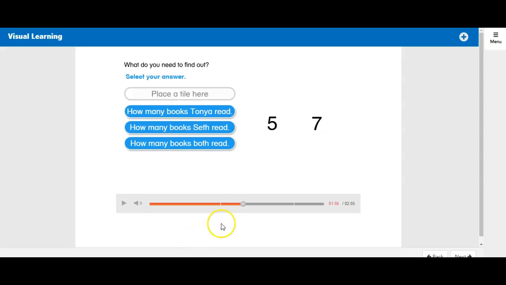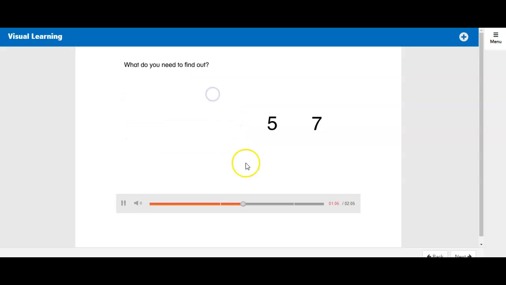So if we know that Tanya has read 5 books, but still 7 fewer than Seth, do we need to find out how many books Tanya read, how many books Seth read, or how many books they've both read? We need to find out how many books Seth has read. You need to find out how many books Seth read.